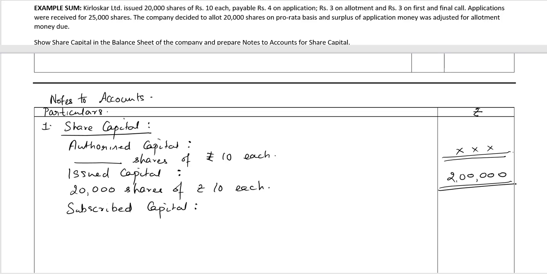So the final number of shares which is allotted by the company, Kirloskar Limited, will be 20,000 shares, for which the full amount has been called up as well as the full amount has been received. So shares will be classified as subscribed and fully paid up.